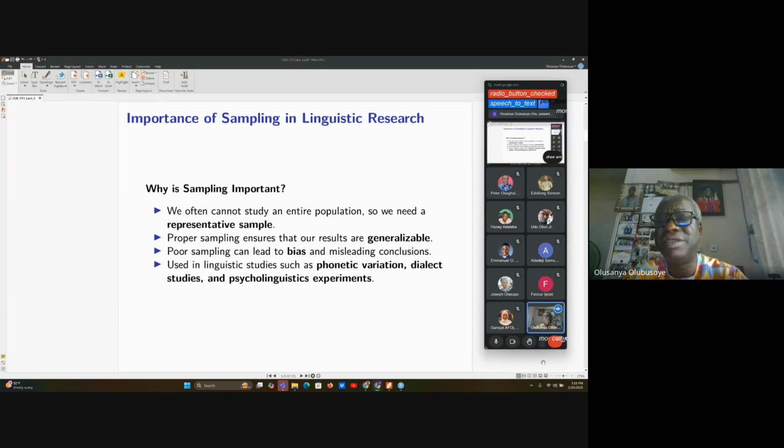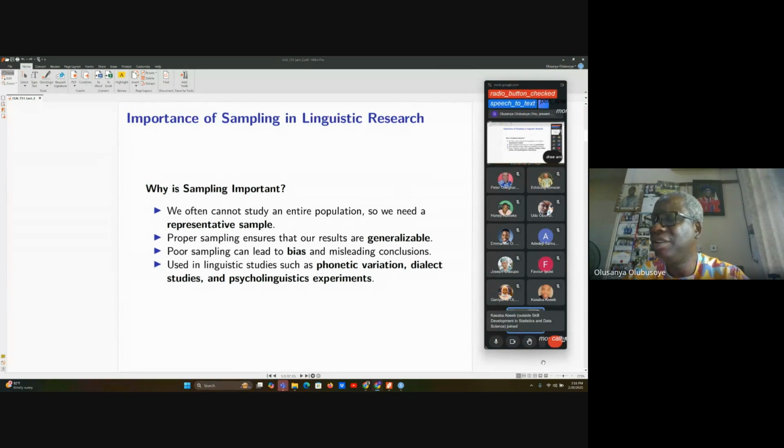The question is, are you able to reach all the Yorubas? No, so that your study will be dealing with the entire population. In most cases, it is difficult, if not practically impossible, for you to reach the entire population.